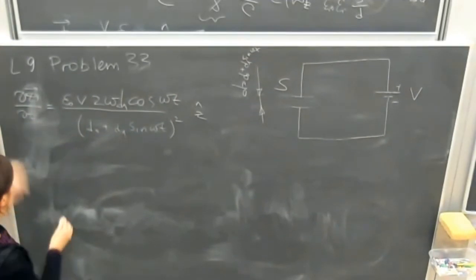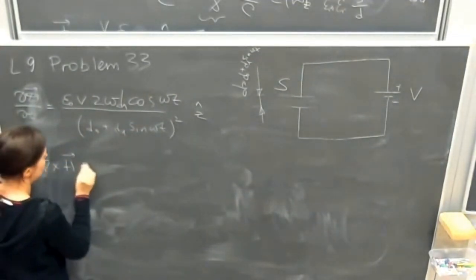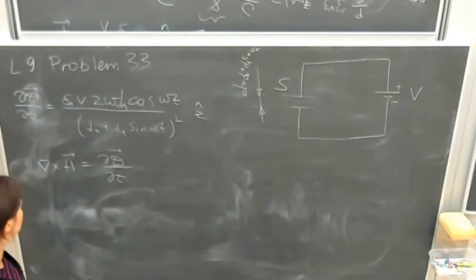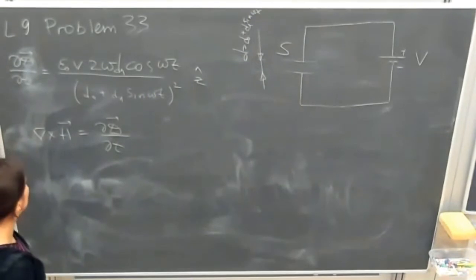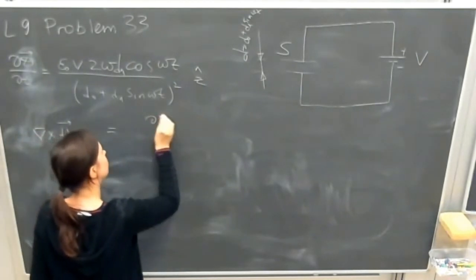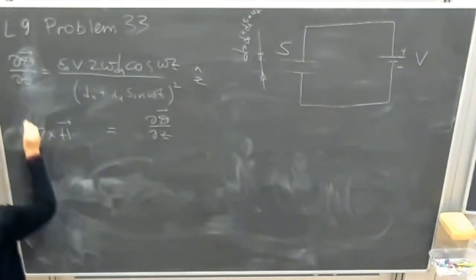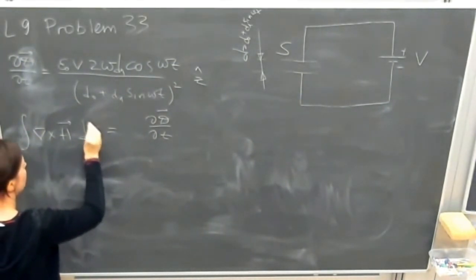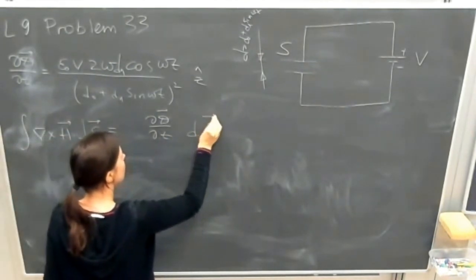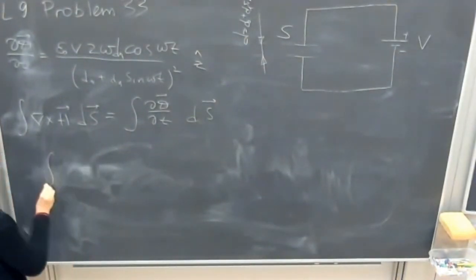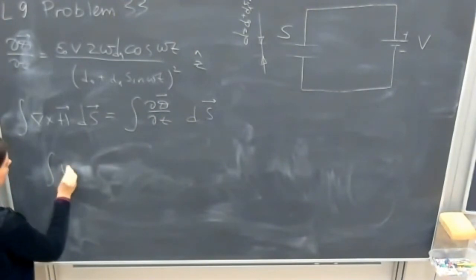So going back to the equation for the H field, it is equal to the time derivative of the displacement field between the capacitor plates, and then we integrate it over the area. Here we can rewrite it using Stokes' theorem.